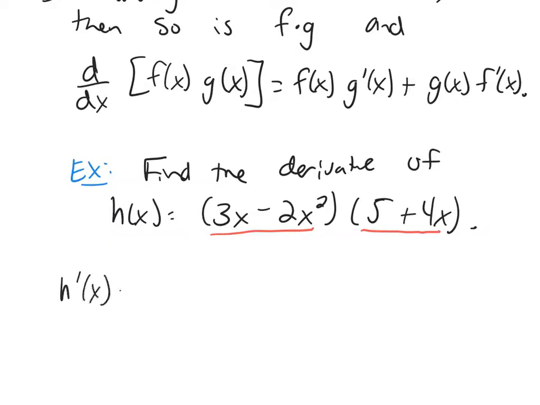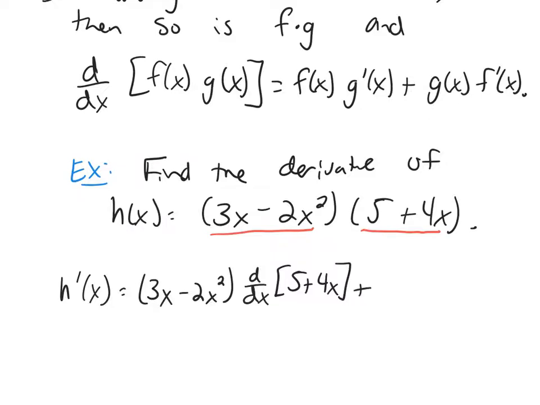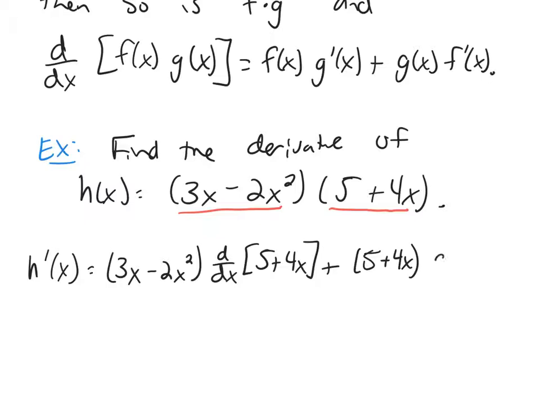H prime of x: you're going to copy the first term down, 3x minus 2x squared, and then take the derivative of the second one, plus, and then you're going to flip them. So you're going to copy the second one down, 5 plus 4x, and multiply by the derivative of the first one, 3x minus 2x squared.